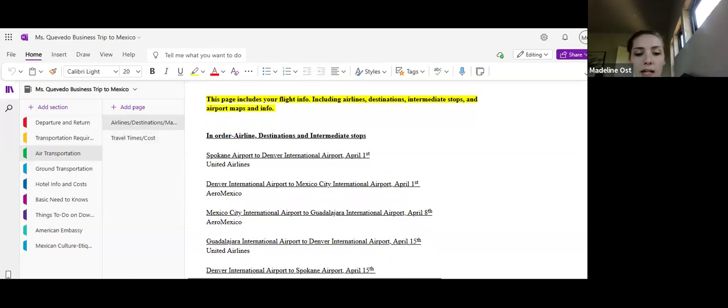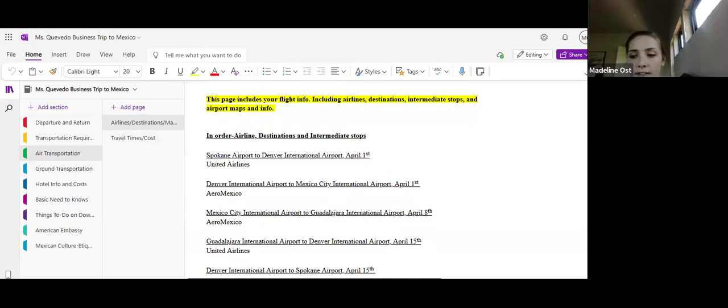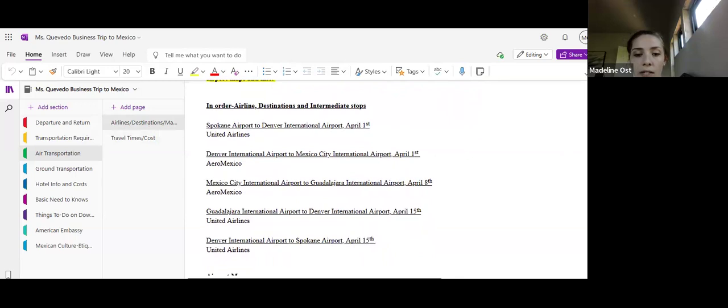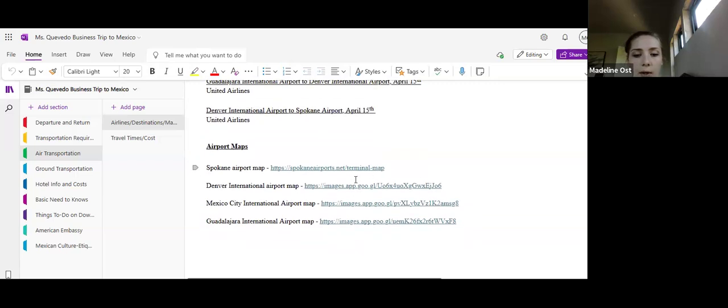These would just be what airports and airlines she would be using. I don't have times because we didn't book any flights, and so I also don't have costs, but I have where she's at to where she's going on every day. And then I have her airport maps in here for every airport.